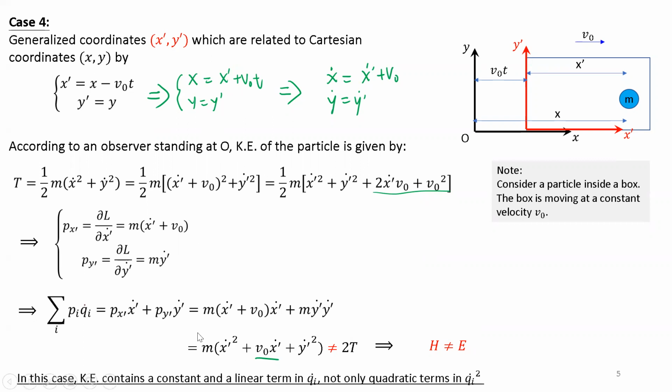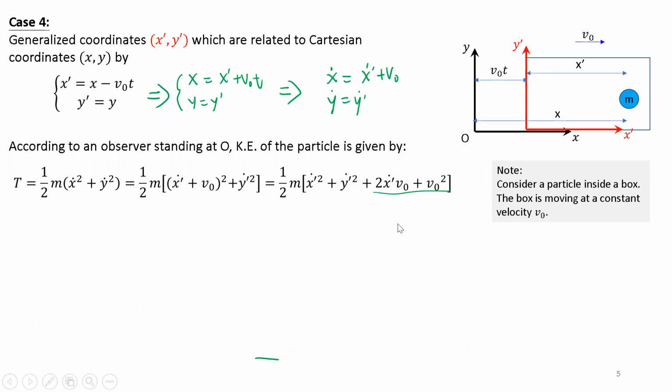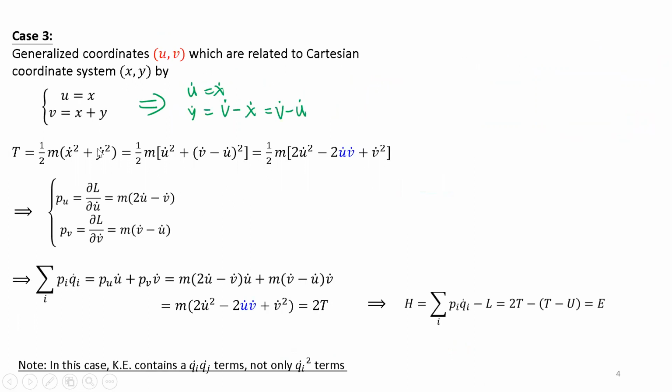And then you can also notice that in this case we have a term that is constant and a linear term here. But in the previous case, we always have the coordinate dot square terms, or the product of two coordinates.